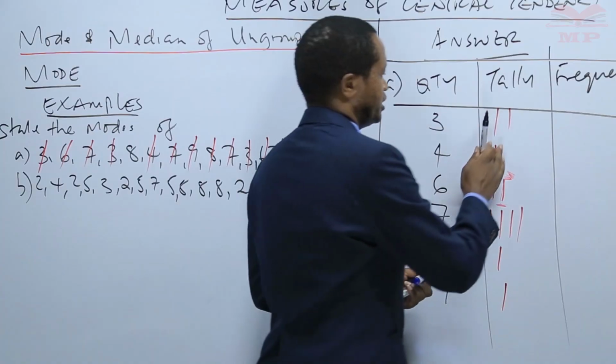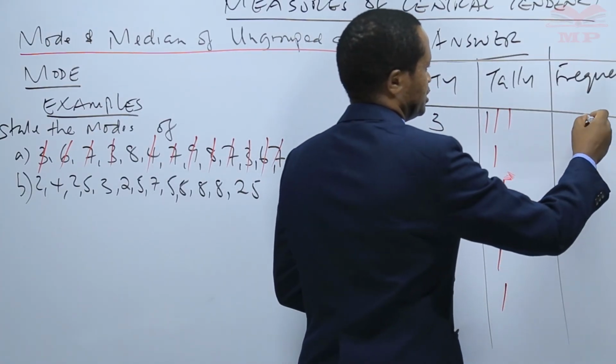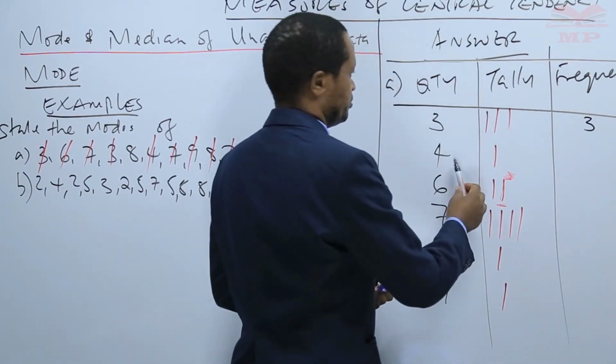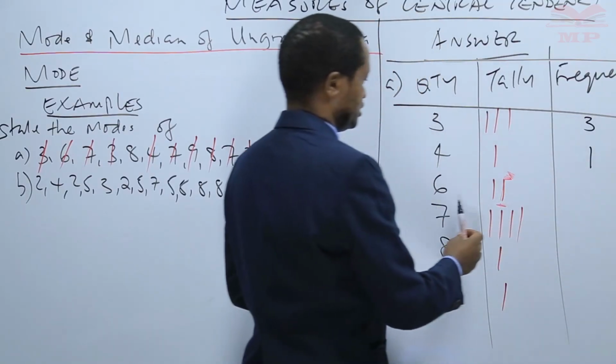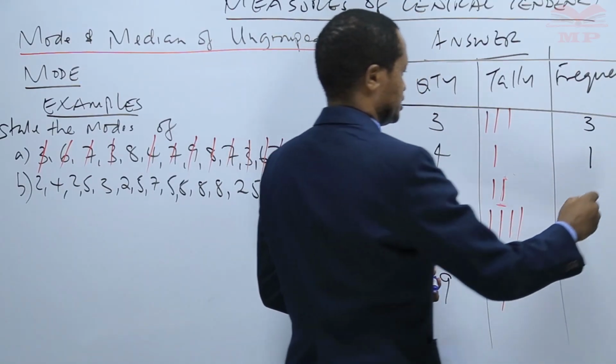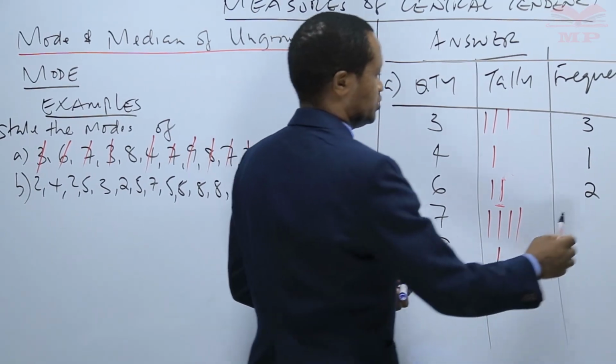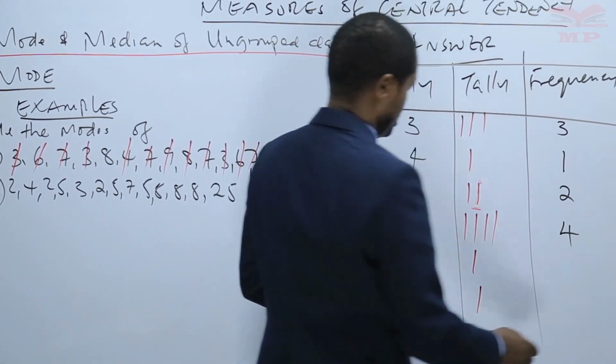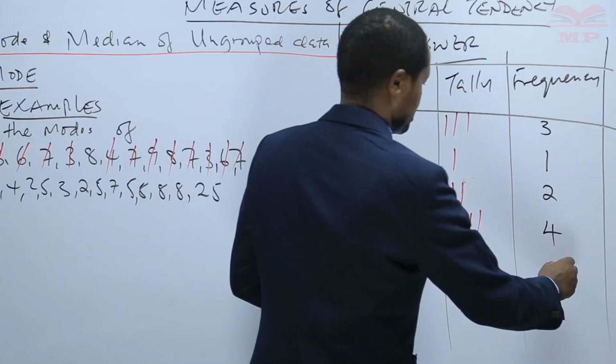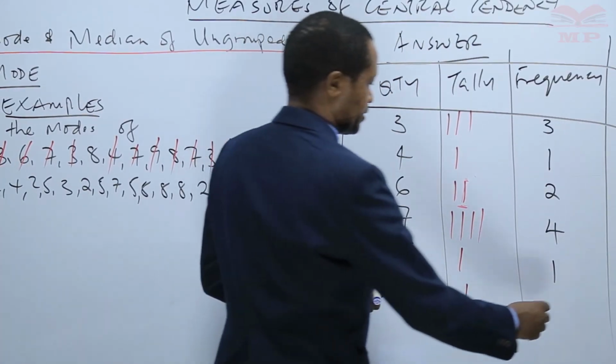So you can put down the number of times the values are appearing. Number 3 appears 3 times. 4 appears once. 6 occurs 2 times. 7 occurs 4 times. 8 once. 9 once.